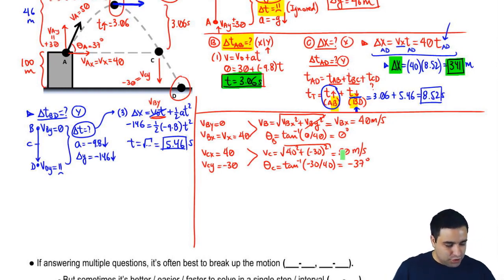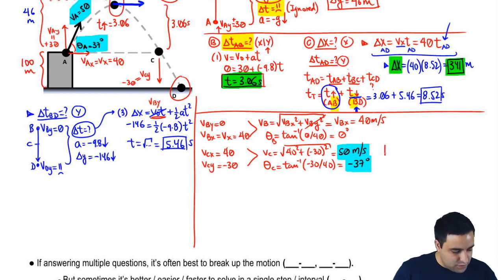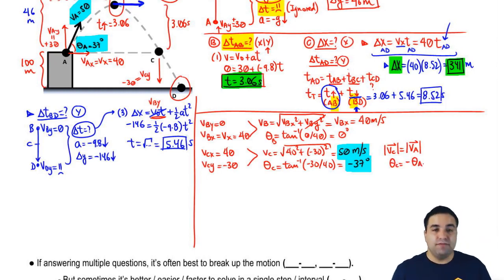These numbers, again, shouldn't be a surprise. These numbers are the same as these numbers here, okay, except that the angle is different. The magnitude of VC is always going to be the same as the magnitude of VA if A and C are symmetric, and the angle of C is always going to be the negative of the angle of A if those two points are symmetric.